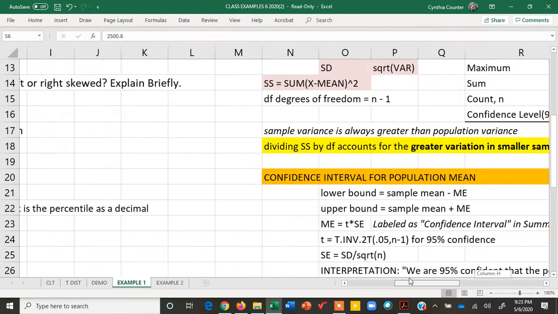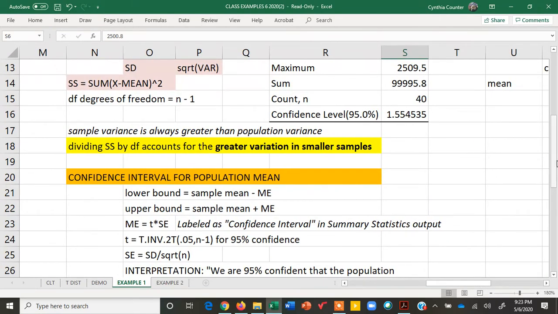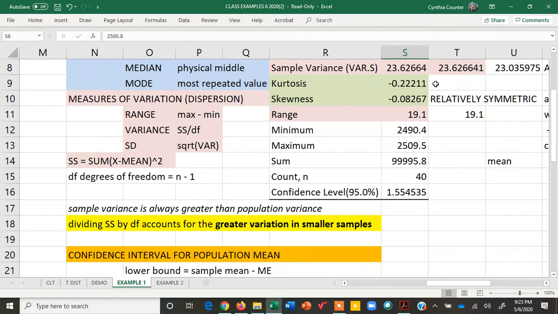So that is skewness. Well, there was this other thing called kurtosis. What is kurtosis? When you Google kurtosis, the most likely definition you will get is the peakedness of the data.